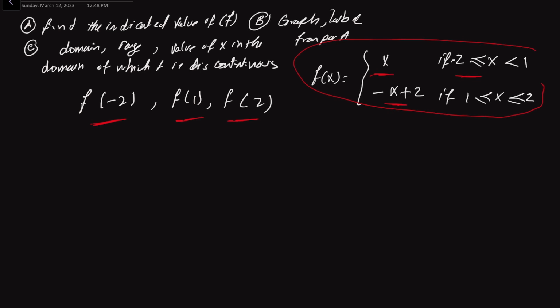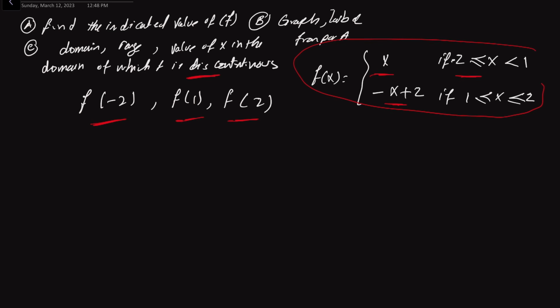After we graph it, we get the domain, which is the x values, and the range, which is the y values, and then where the function is discontinuous, not a straight line, and we're going to exclude this from our domain. So that's the plan for this problem. Okay, let's start.